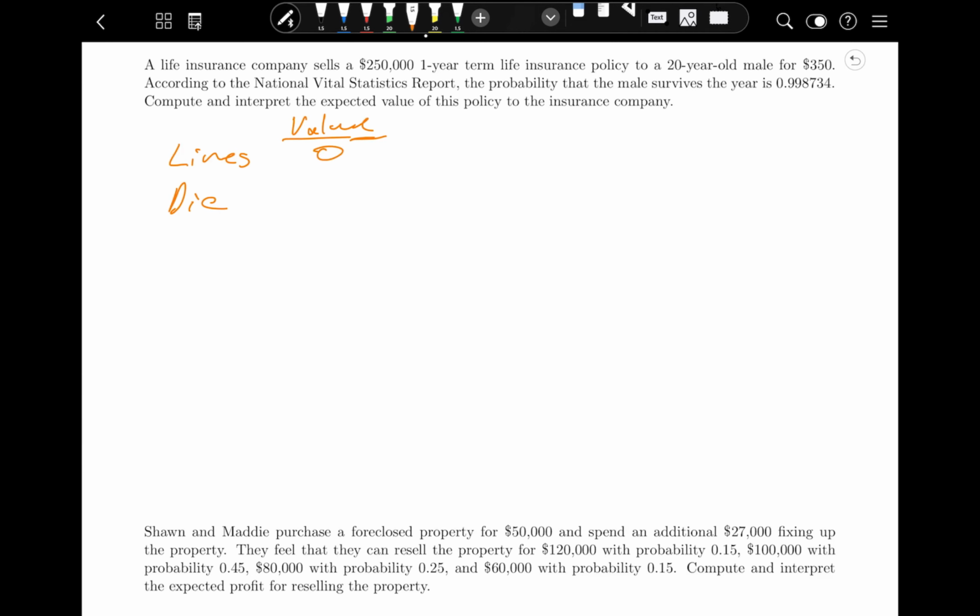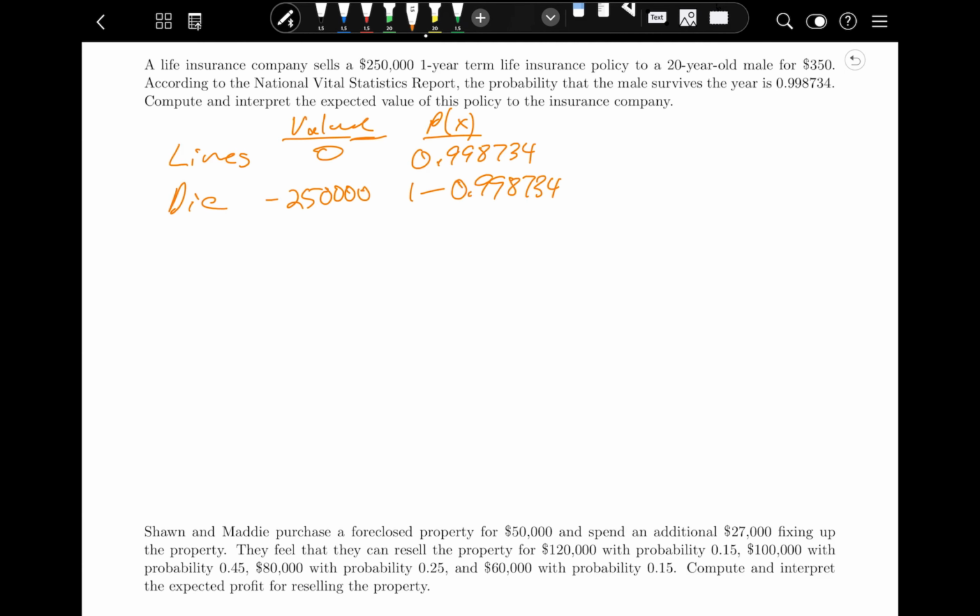They don't have to pay out anything. But if the person were to die, they have to pay out $250,000. So that's a negative $250,000. The probability of the person living is 0.998734, and the probability of them dying is 1 minus 0.998734, right? Because those are the only two possible outcomes.